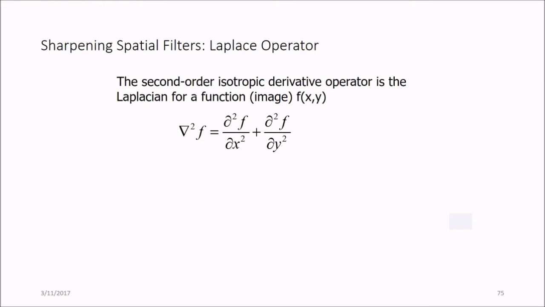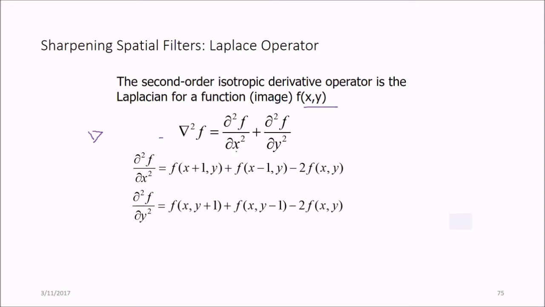Then we come to the sharpening spatial filters, and the Laplacian operator. We will see the second order isotropic derivative operator, which is the Laplacian of a function, say image f(x,y). This is given by the inverted triangle symbol. So del square of f will be del square f by del x square plus del square f by del y square.